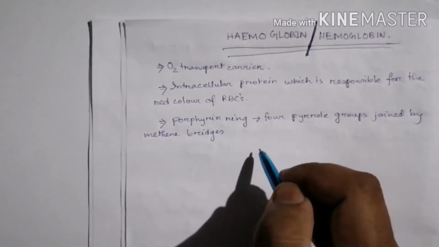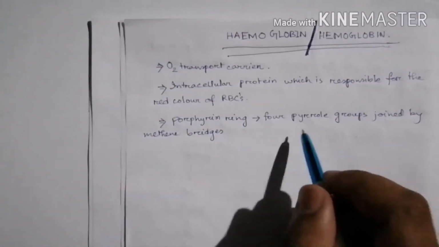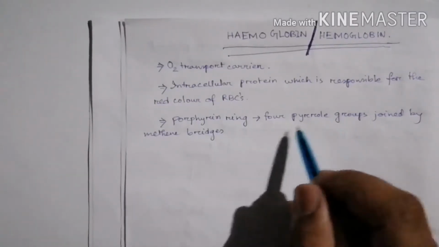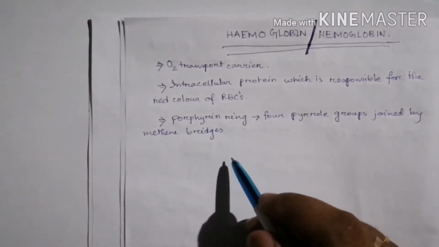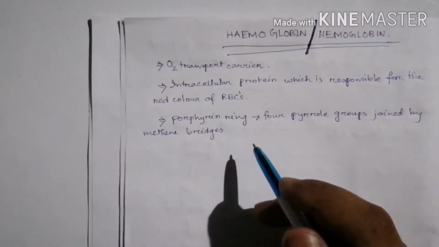When we draw the structure of hemoglobin, it will be clear what the pyrrole groups present there are, and the methane bridges which we are talking about.